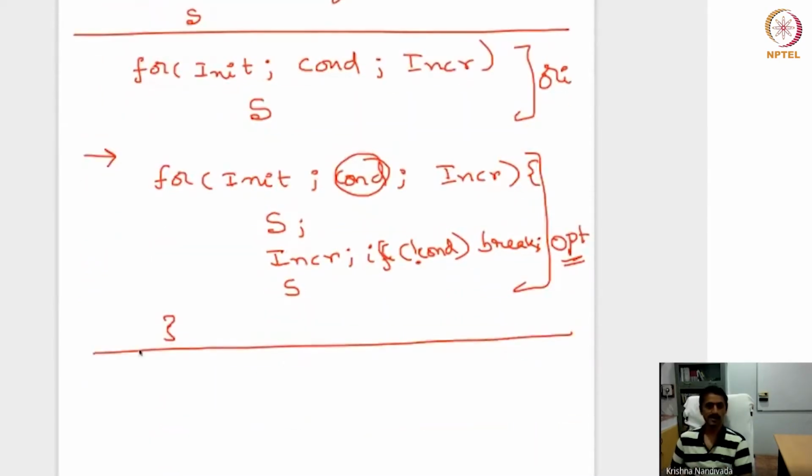Let us say my code is like this. It's a for loop, I less than n, I plus plus.